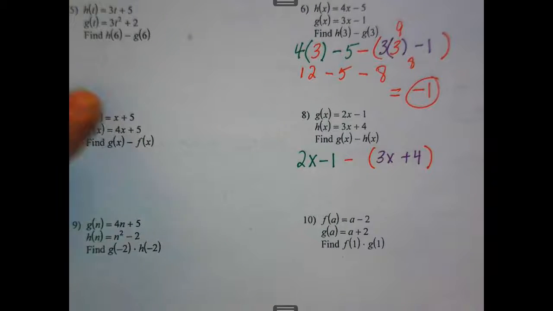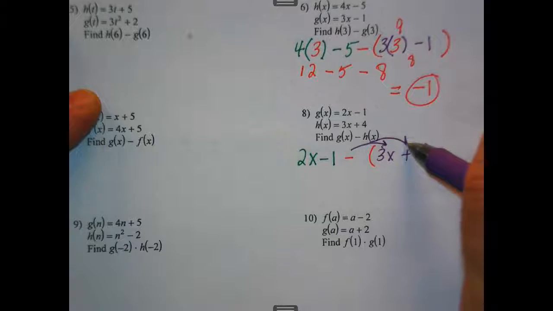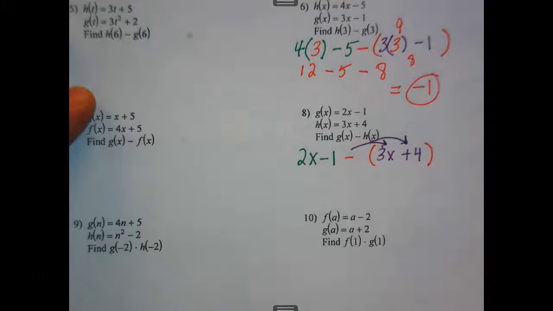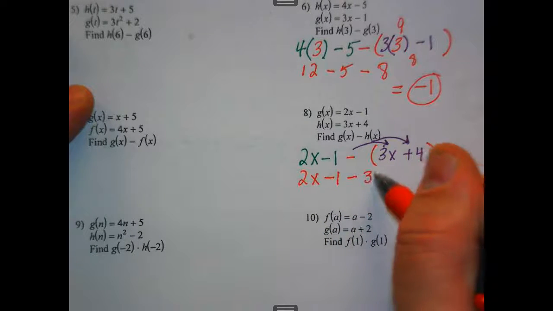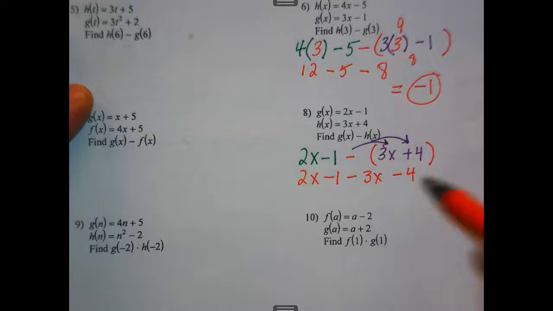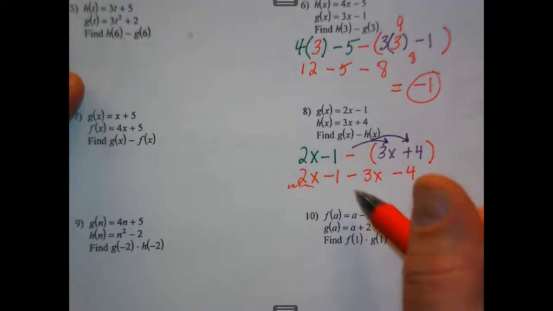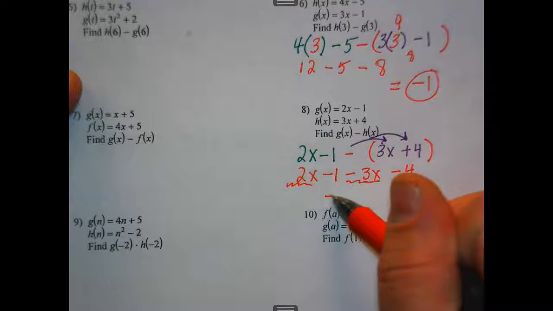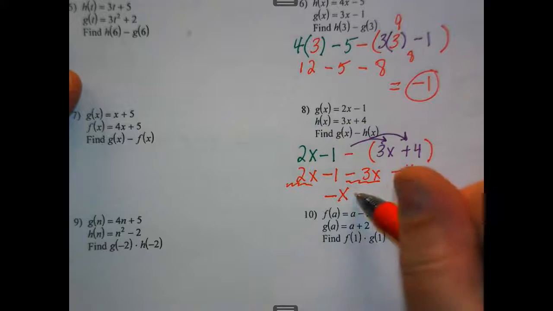We have to distribute this one. So I get 2x minus 1 minus 3x minus 4. Combine like terms. 2x minus 3x is minus 1x. Minus 1 minus 4 is minus 5.